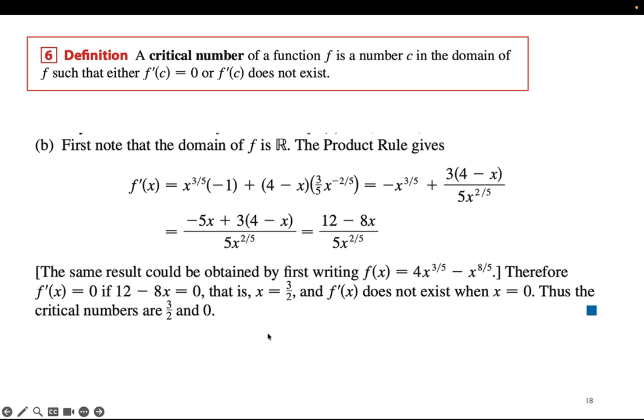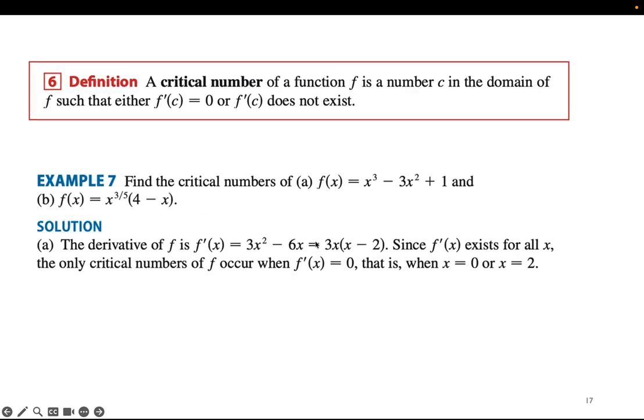Now I want to clarify something here. When x is 0, f prime is undefined, but notice when x is 0, it is defined in the original function. When you plug in 0 here, there's no problem. And that's important because in this definition, c has to be in the domain of the function. So when you plug in c into the function, it has to be defined.